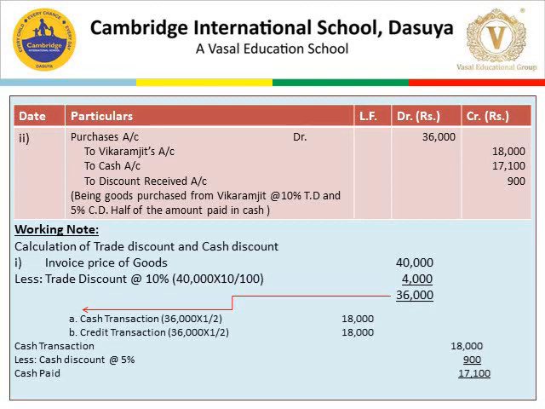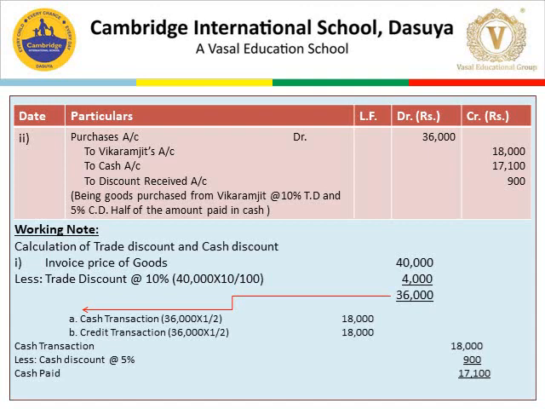So for cash transaction, we will write 18,000, that is cash amount, less 5% cash discount. 5% of 18,000 is 900. After deducting 900 from 18,000, we are left with 17,100. So in this journal entry, one more amount we will write.